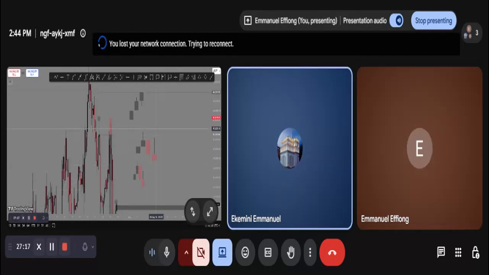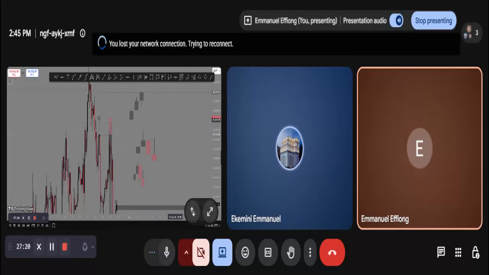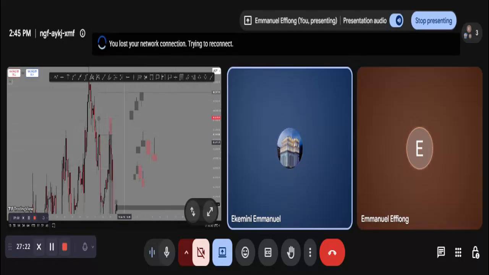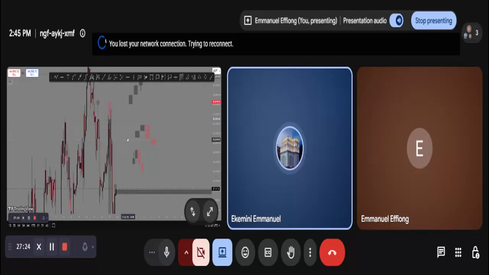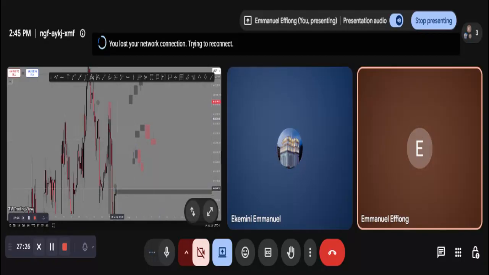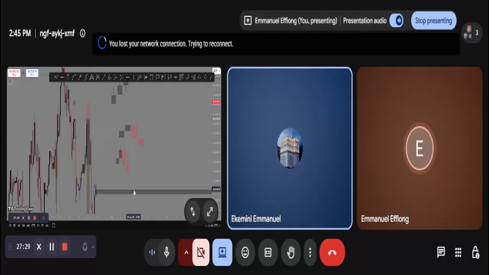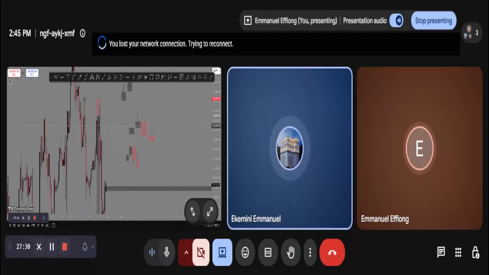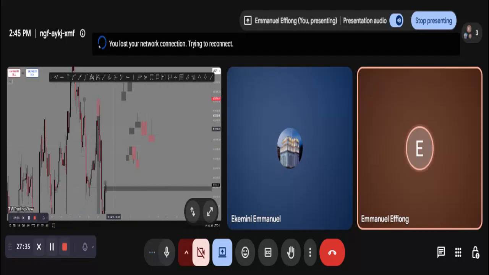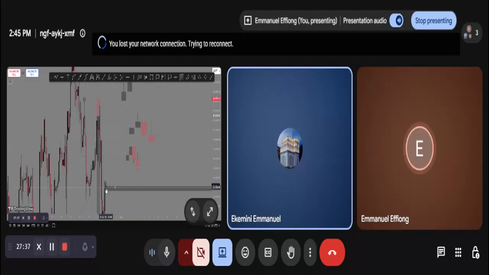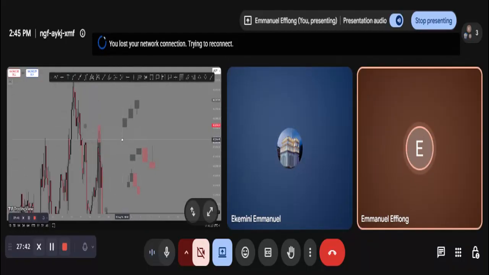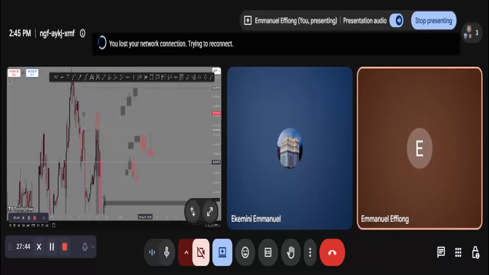So master this one first before I go into combo. What I'm going to do right now is give you trade examples on each of these types of rejection candles. Since we are here, let's start with the normal rejection candle.